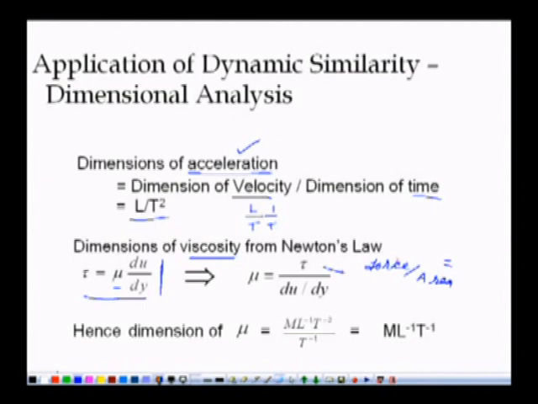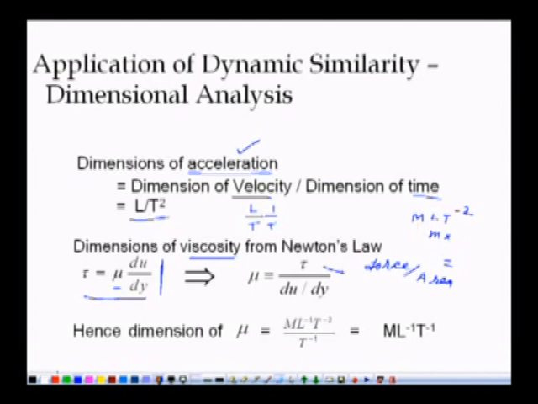What is the dimension of force? It is mass into acceleration, right. So, its dimension will be m into acceleration. For acceleration, we have already learned the dimensions, L t minus 2. So, this is the dimension of force.